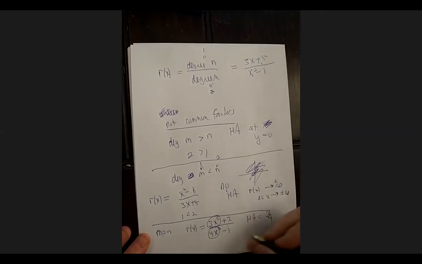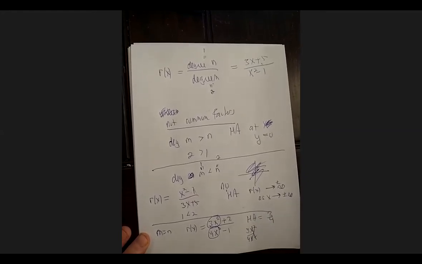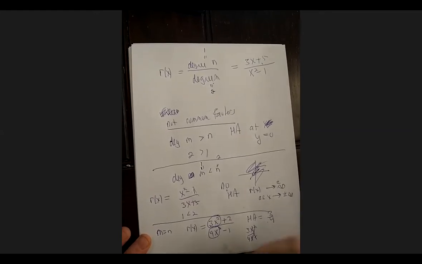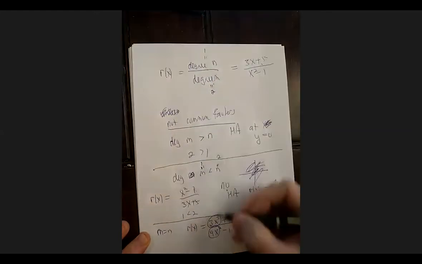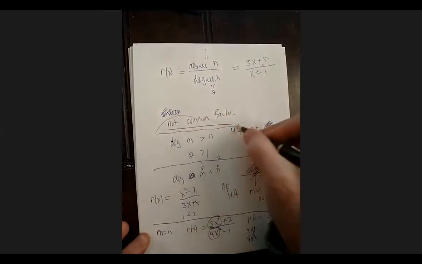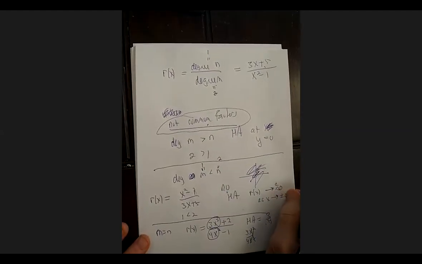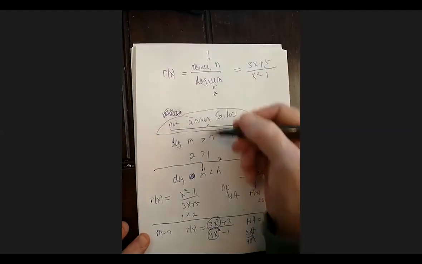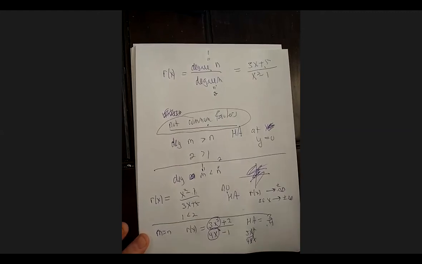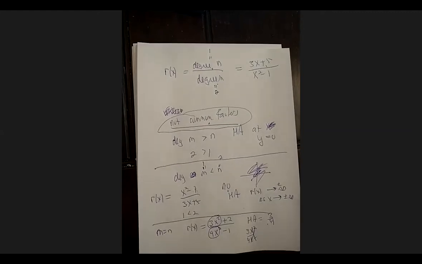So I looked at 3x squared over 4x squared, and I canceled the x squareds. So that's for horizontal asymptotes. This is going to work as long as there's no common factors. So I'll do an example with a common factor. I think I went over this in one of the videos, but it's a good handy way to look at the problem and know what's going on. And so maybe we'll do a quick one.